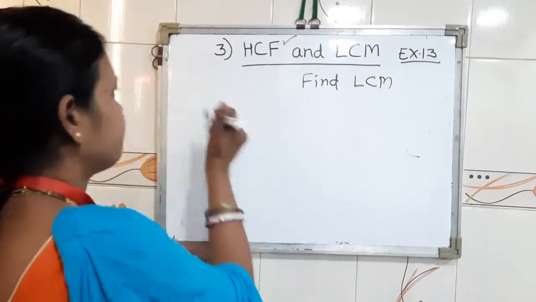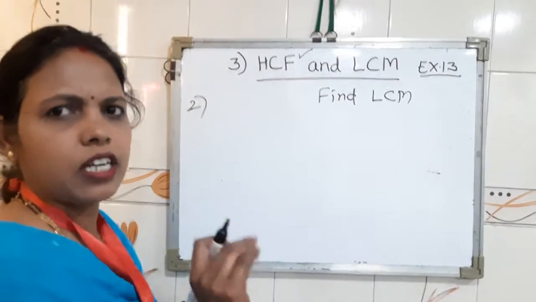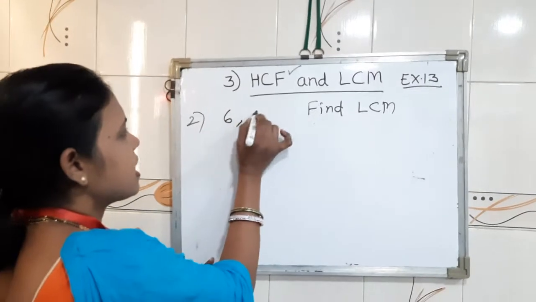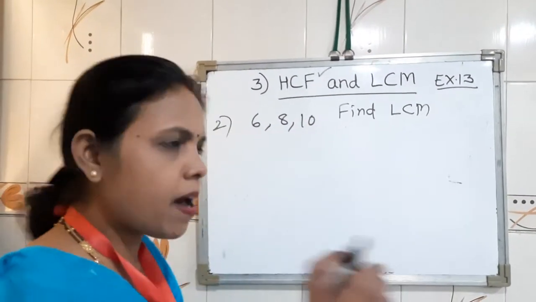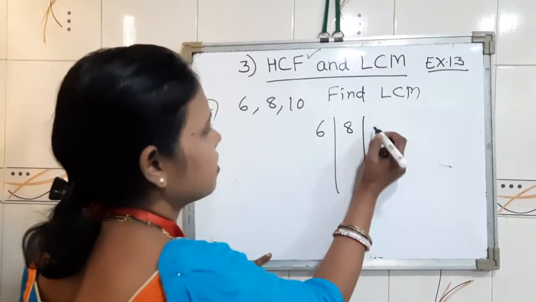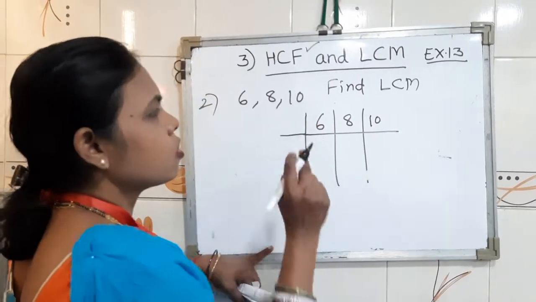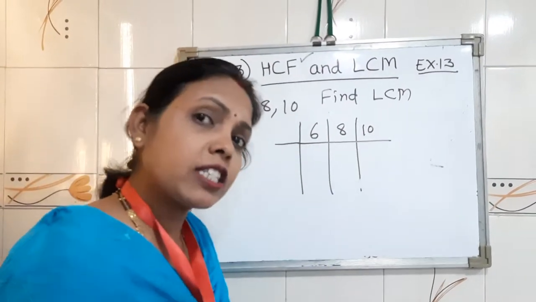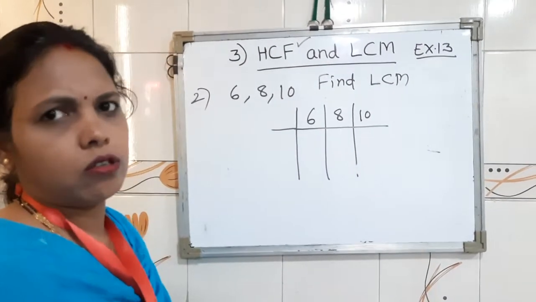Second question. For second question, 3 numbers are given: 6, 8 and 10. In the same method we will follow for 6, 8 and 10. And for all these numbers, by which number they are dividing, that number we are going to find out.